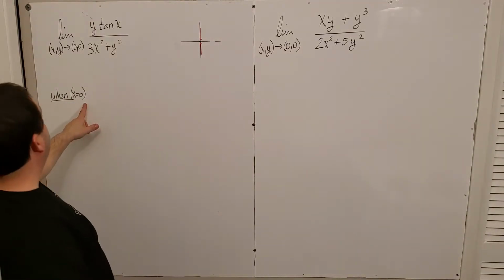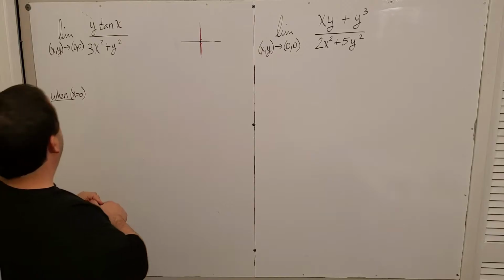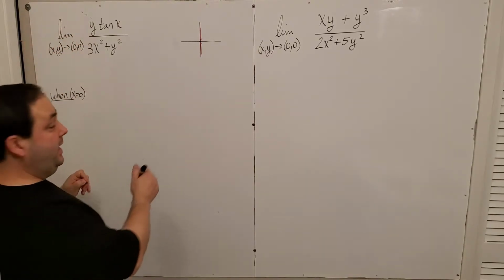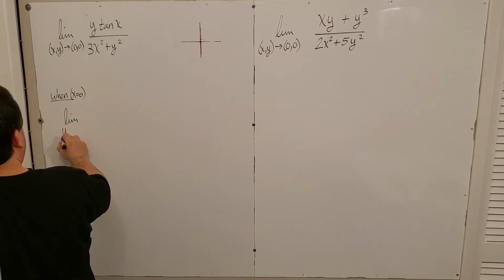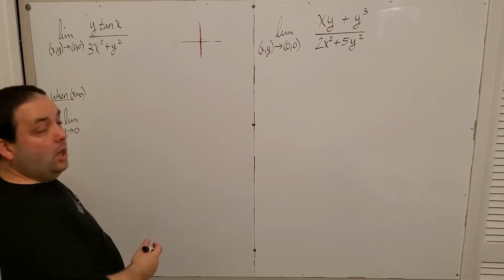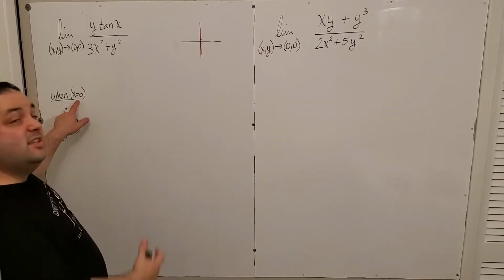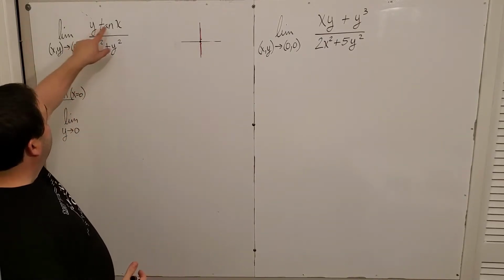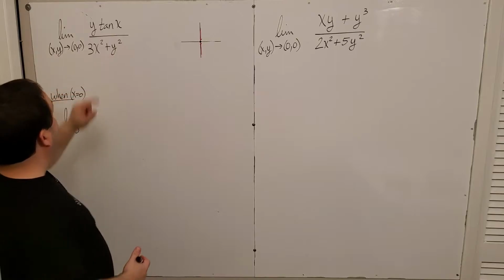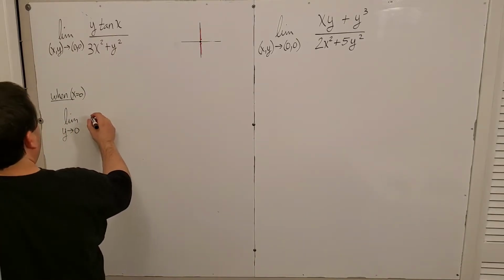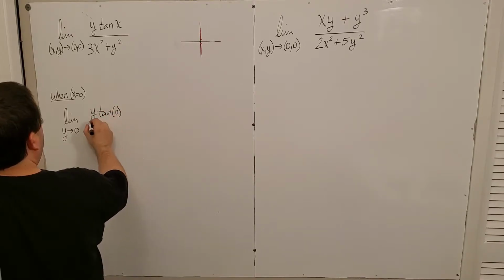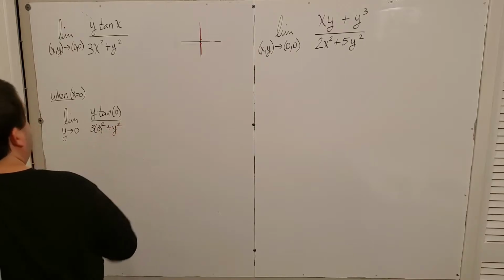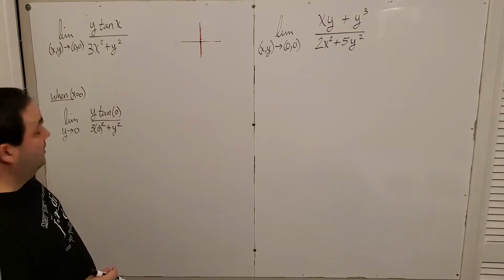So when x equals 0, then really this limit downgrades to as y approaches 0, because x is already at 0. So then I get tangent of 0, I get 3 times 0 squared, like so, right?